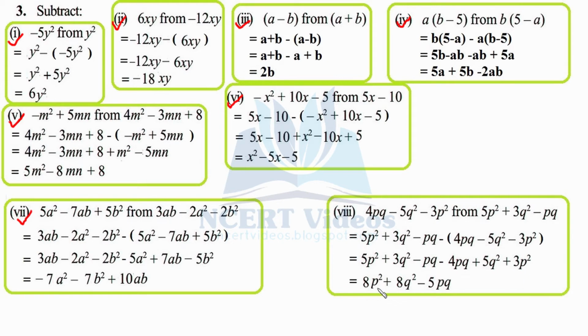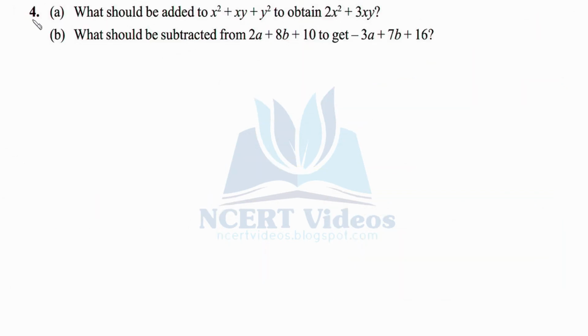So 8p square. For q square, plus 3q square, and we have 5q square, therefore 8q square, and minus pq minus 4pq. That gives you minus 5pq because it is understood it is 1. So in this way you solve your questions by combining. That's your third.